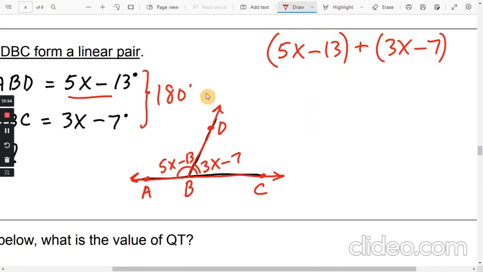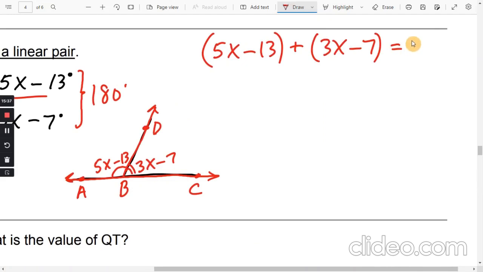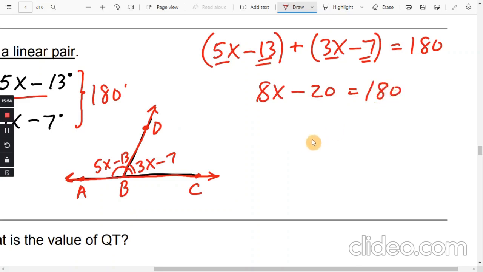And combined, they equal 180. All right, 5x plus 3x, combining like terms, that's 8x. Constant terms, negative 13 and negative 7 is negative 20. And that equals 180.